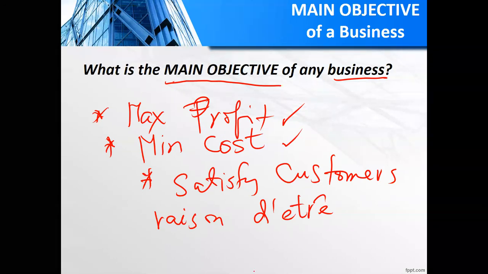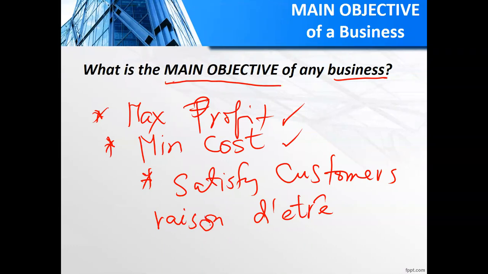Ano ba yung reason for existence ng isang organization? Unless you're an NGO, okay? Unless you're an NGO, ang reason mo to live is, of course, sustainability, to earn profit. And how can you earn profit? You have to have repeat customers. So these are all valid objectives of any organization.